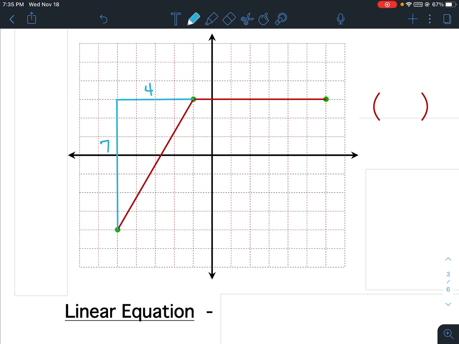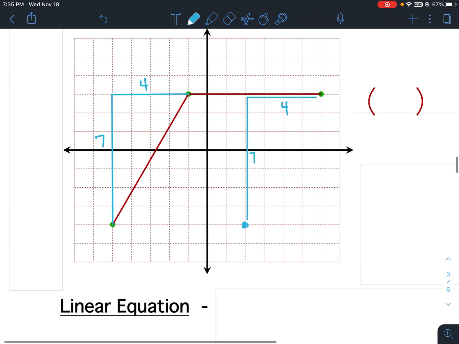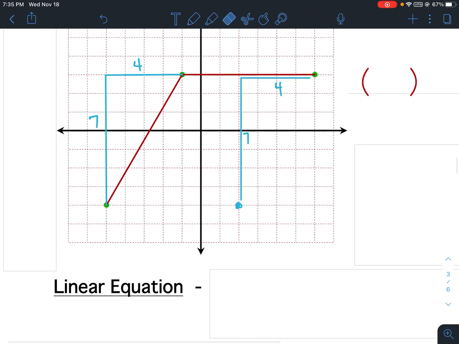From the fourth point to this point here, it would have to do the same thing. So let me work backwards. If I go to the left 4 and then down 7, that means my point would be right there. That's one way of doing it, using the slope. Notice how they are slanted the same way, up 7 over 4.